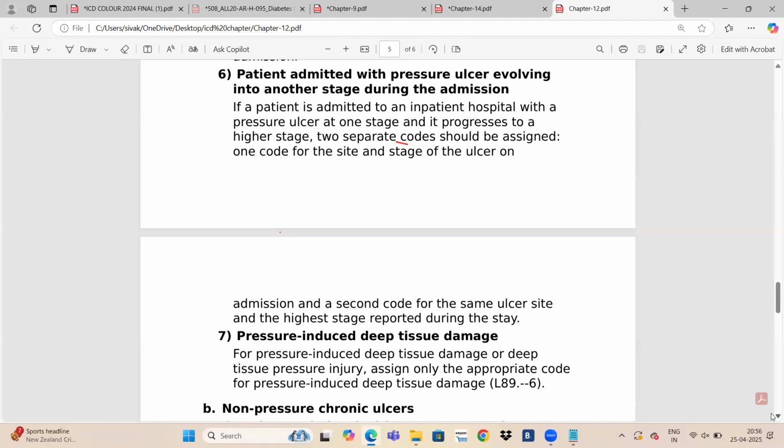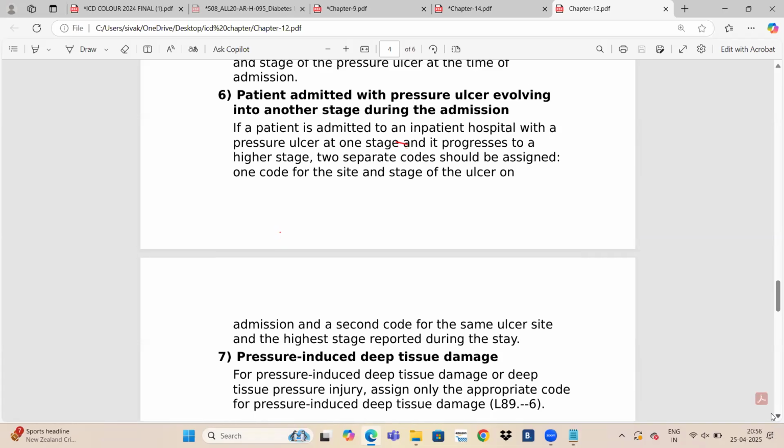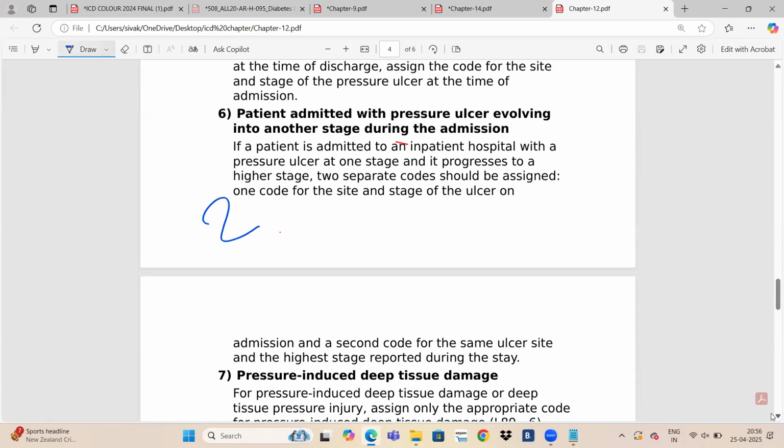At the time of admission the patient has a stage 2 sacral ulcer. After 5 days in the hospital, the nurse checking the stage of the pressure ulcer finds it progressed to stage 3. Stage 2 to stage 3. So now how will you code?